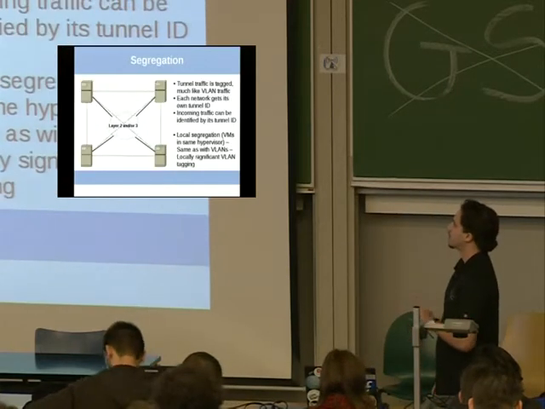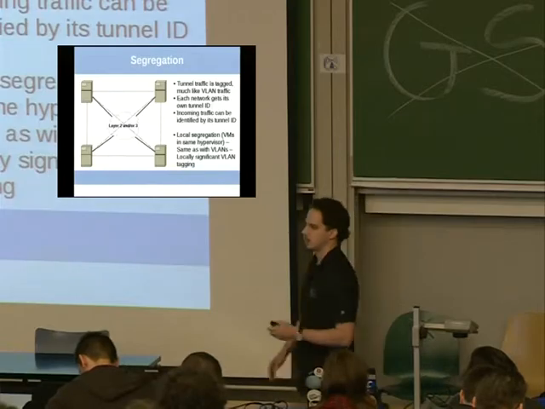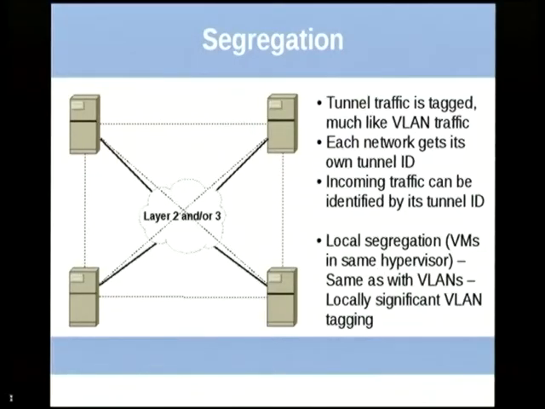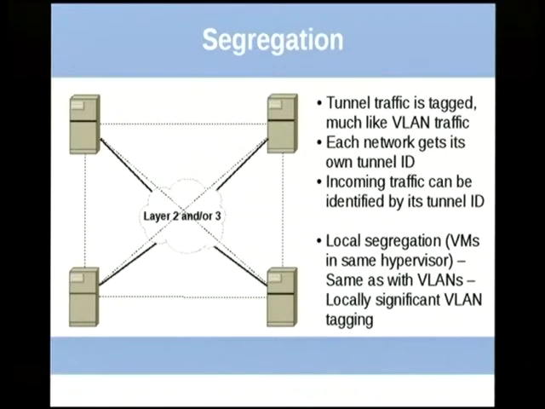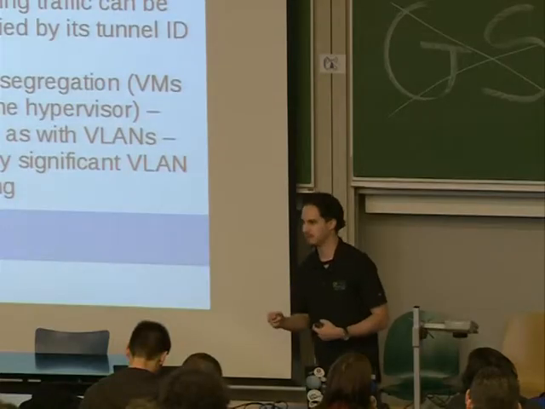So what if we want to achieve segregation? In this previous example, you can see that I still have two networks, the red network and the blue network. About segregation, or splitting up networking: two VMs on the same hypervisor are still using VLANs, which is kind of confusing.